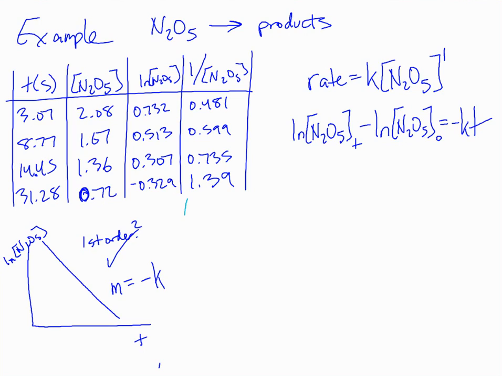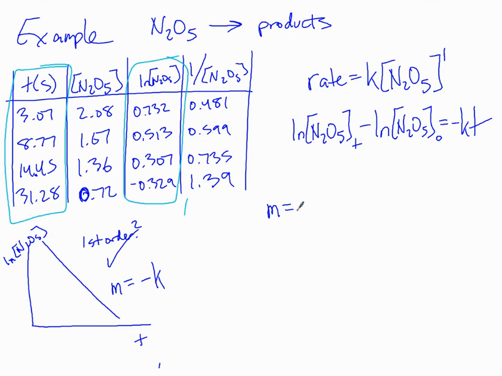So first off, we're only using these two columns, natural log concentration and time. We can actually figure out the slope of the line pretty easily.